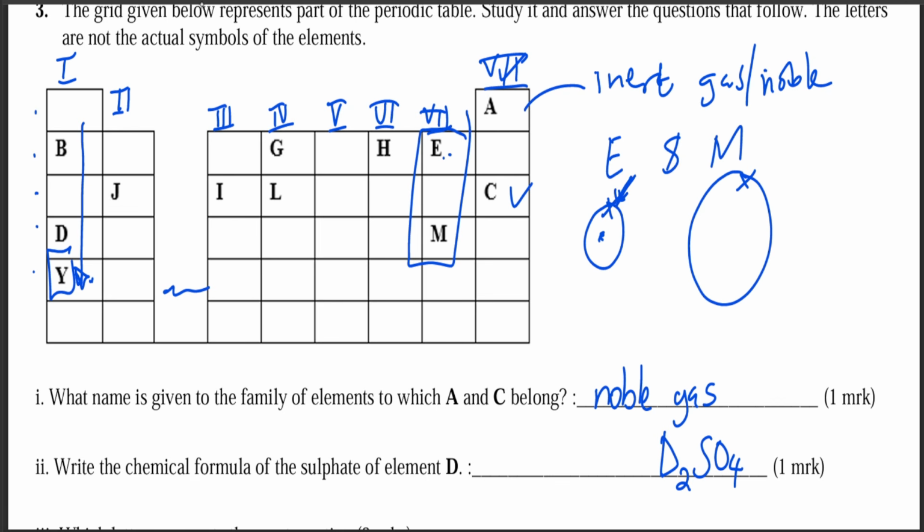Sawa, kwa sababu distance ya incoming electron and the nucleus is very small, so the nucleus will attract the incoming electron much easily. And if it gains electron easily, it is more reactive.